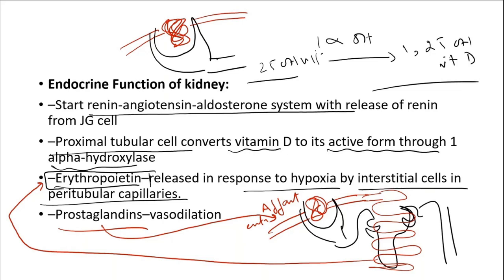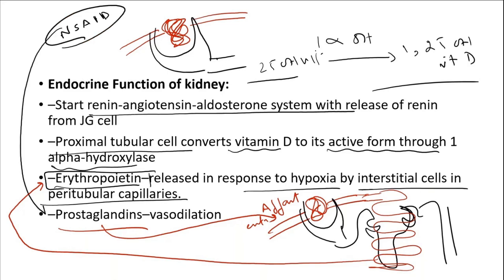And you need to know what are the drugs or medications which can dilate or constrict afferent or efferent arteriole. So if someone is taking NSAID, NSAID will decrease prostaglandin, and function of the prostaglandin is to dilate afferent arteriole.